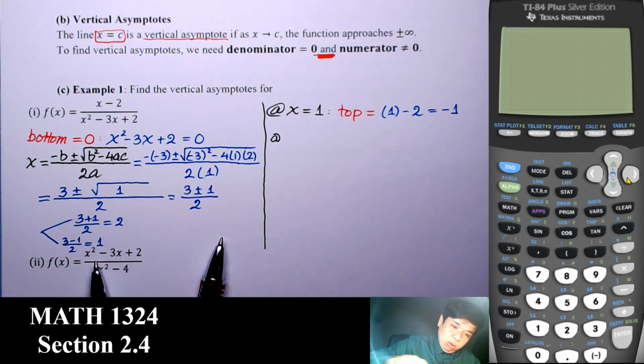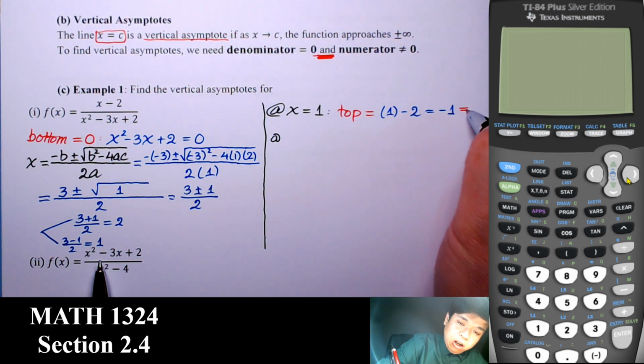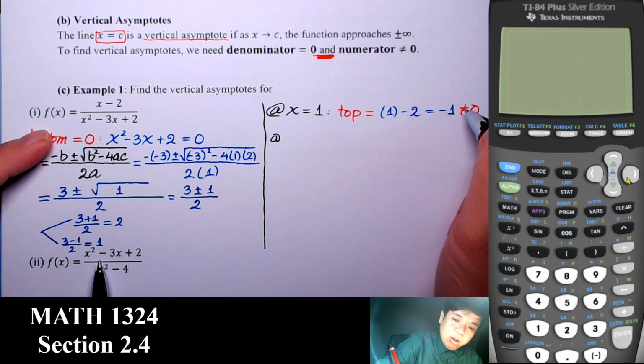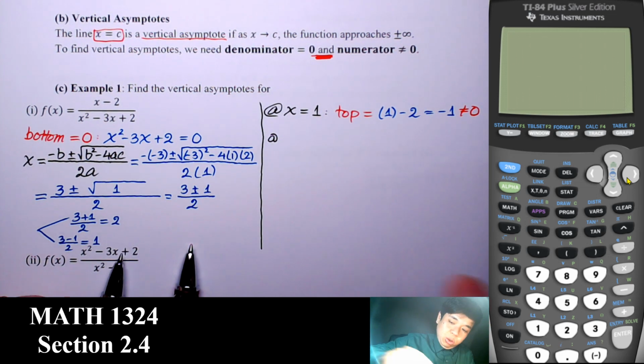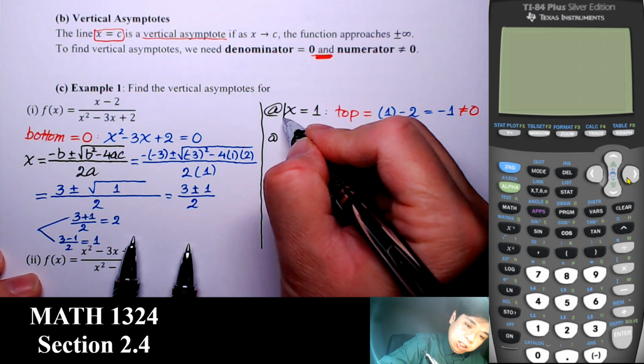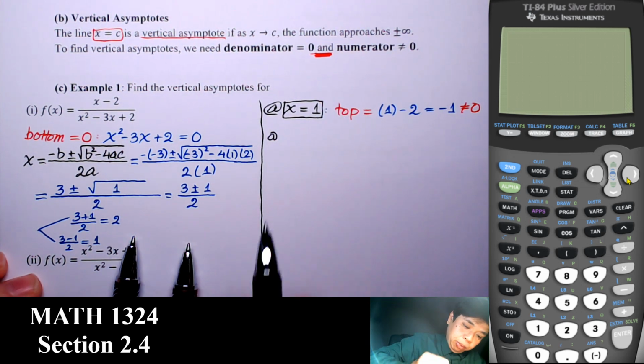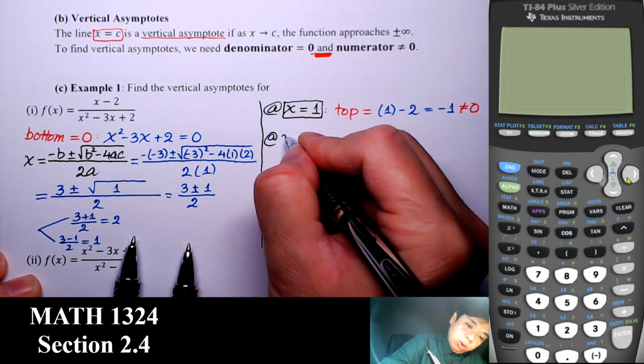So it's equal to negative 1, which is not equal to 0. So bottom 0, top is not, so it's good. So we have x equal to 1 is an asymptote. So that's good. Now we test at x equal to 2.